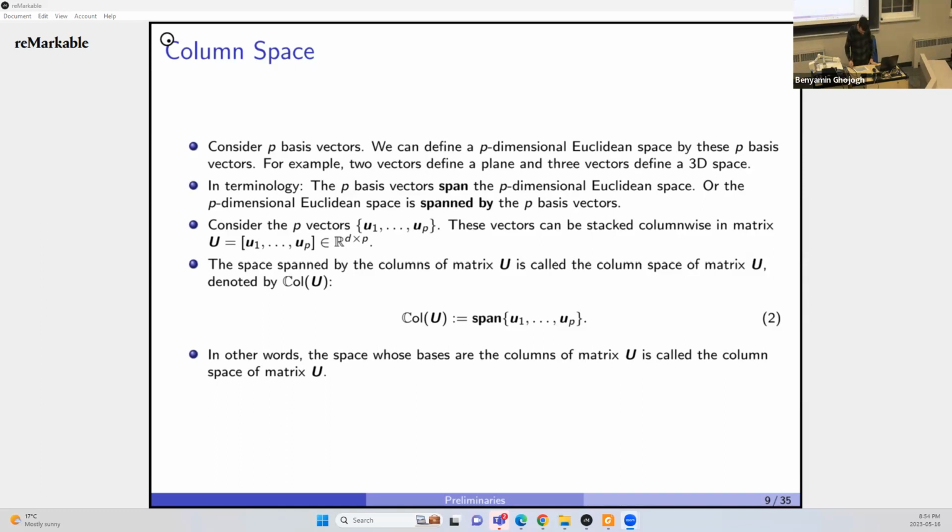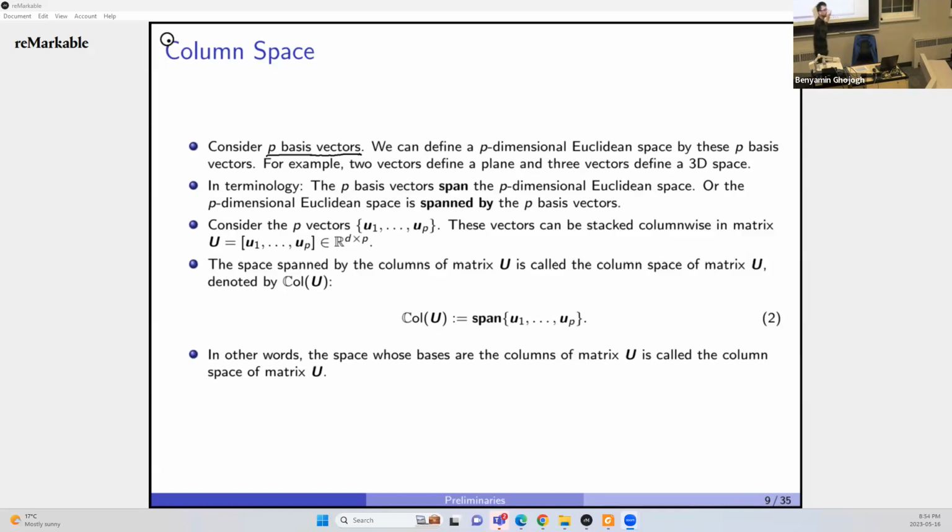Okay, so let's talk about that. First off, column space. Consider P basis vectors. By the way, using two basis vectors, we can define a plane, right? A 2D space. Because every point or every vector in this 2D space can be represented as a linear combination of these two vectors.